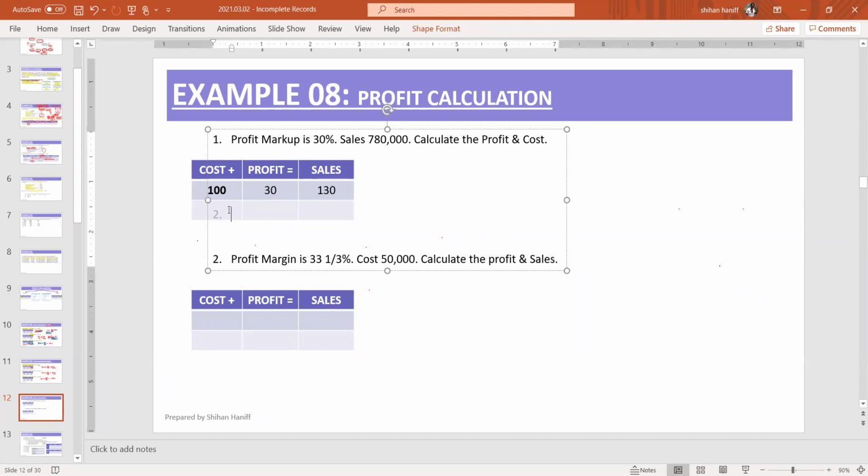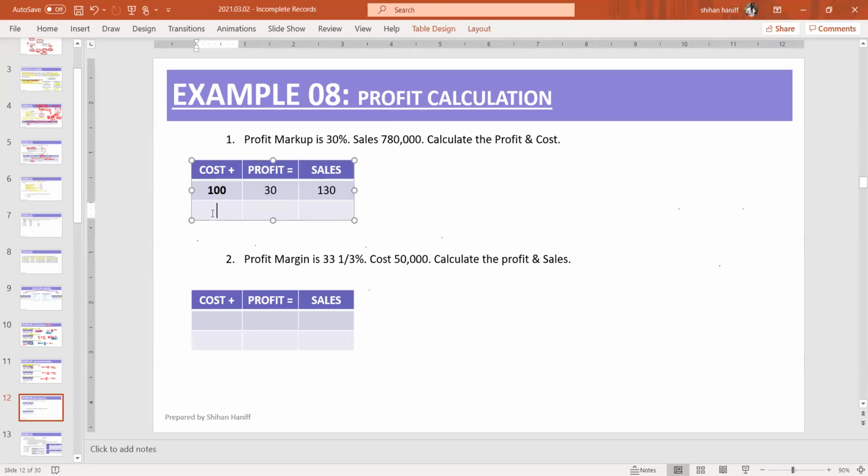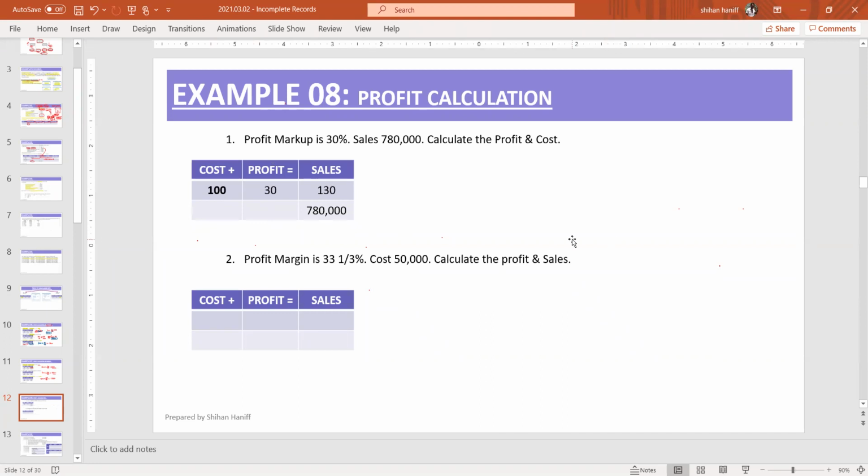Then sales is 780,000. Calculate the profit and cost. So let's calculate the profit.